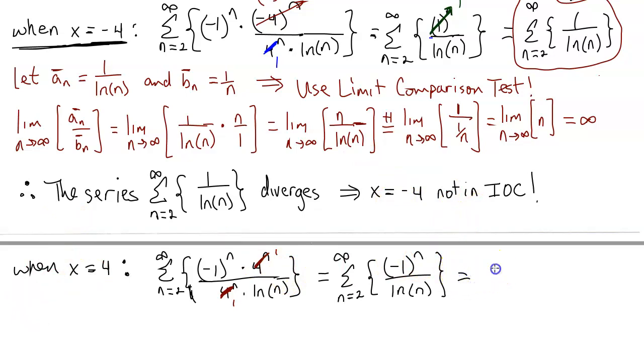So I'm going to write it this way just so that we're all on the same page: -1 raised to the n times b sub n. And b sub n in this case is just going to be 1 over natural log of n.